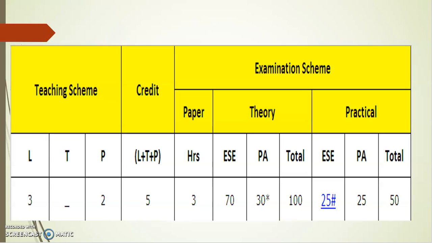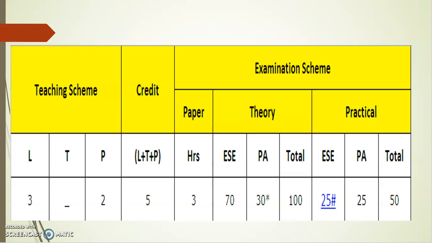Then the examination scheme. The theory paper will be of 3 hours. The End Semester Exam (ESE) theory paper will be 70 marks. Theory PA will be of 30 marks. It consists of unit test 1, unit test 2, and micro project marks. Unit test 1 will be 20 marks and unit test 2 will be 20 marks.